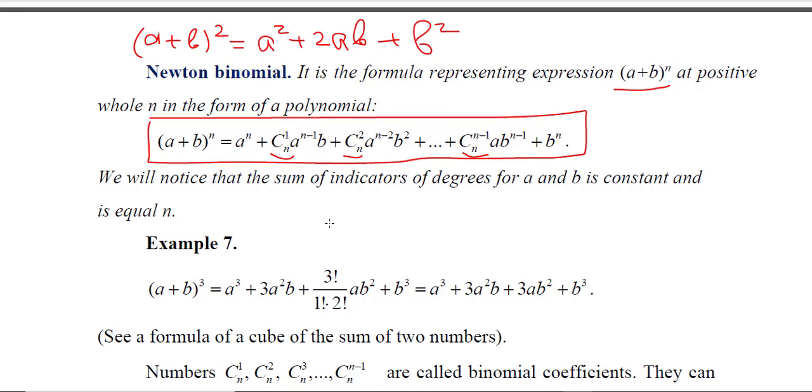Here, if we want to write with combination, it will be combination 3 of 2. So it is 3 factorial over 1 factorial times 2 factorial. It's equal to 3 here, yes? So it will be 3ab squared. Here also the sum of degrees is 3: 2 plus 1, and here also 1 plus 2. And the answer is a cubed plus 3a squared b plus 3ab squared plus b cubed.